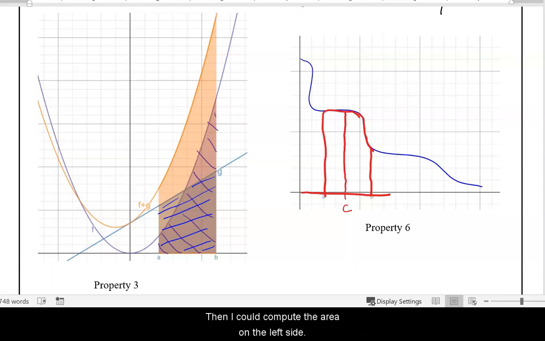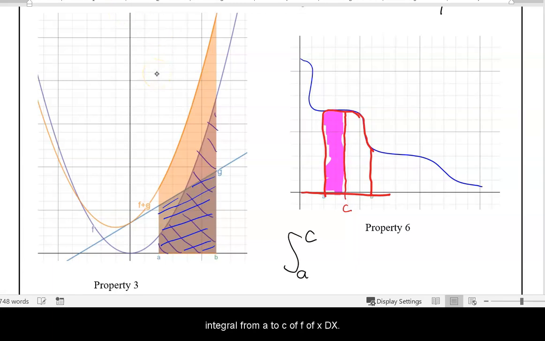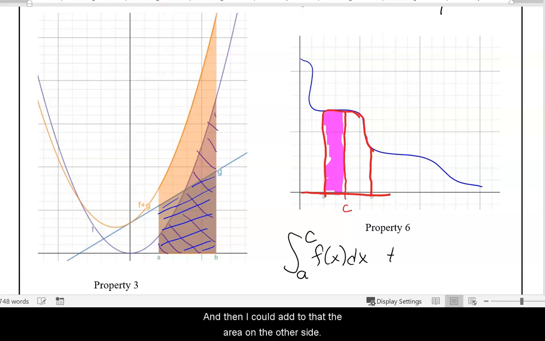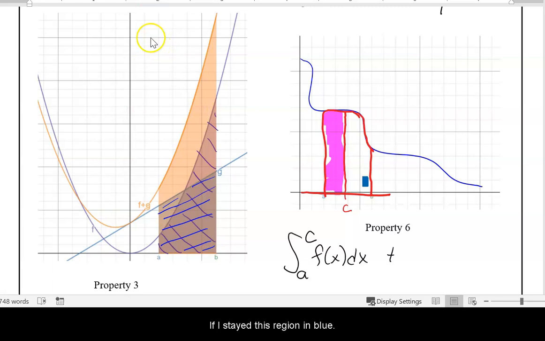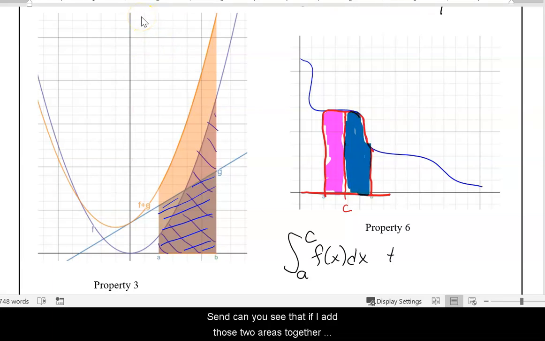Then I could compute the area on the left side, now shaded in pink, and I could call that area the integral from a to c of f of x dx, and then I could add to that the area on the other side. Let's shade that one in blue. If I shade this region in blue, then can you see that if I add those two areas together, I will in fact come up with the entire area under the function.